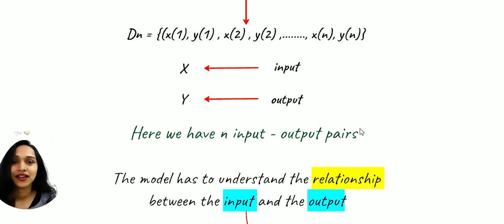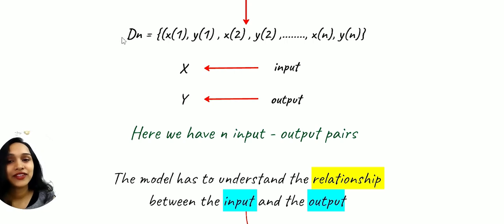In all of these cases, the dataset was in the format of input-output pairs: input and output, input and output, input and output. It was an input-output pair dataset.